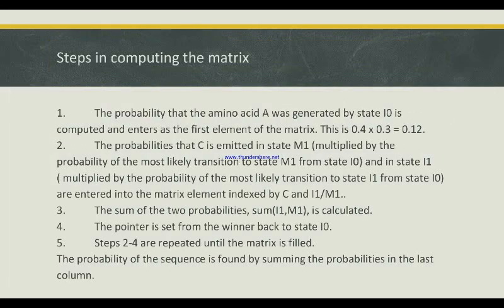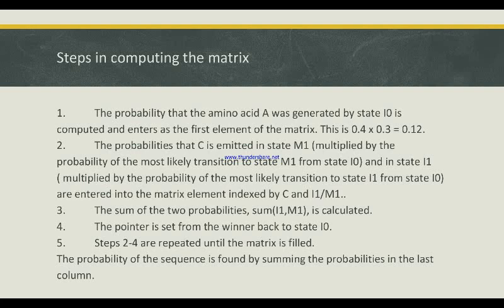Then I would like to tell you about the steps in computing the matrix. After we already know the states, we need to compute the matrix. Okay, the steps are as follows. First, the probability that amino acid A was generated by state I0 is computed and entered as the first element of the matrix.